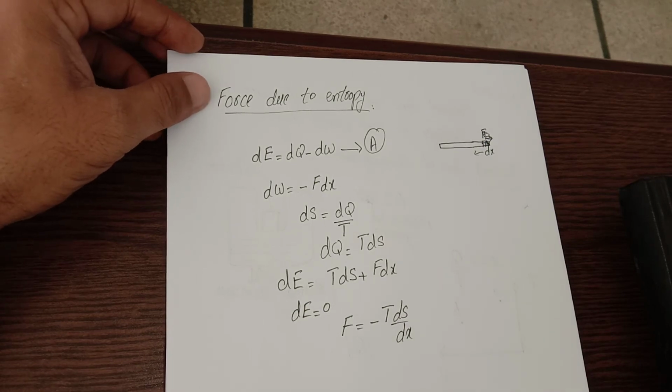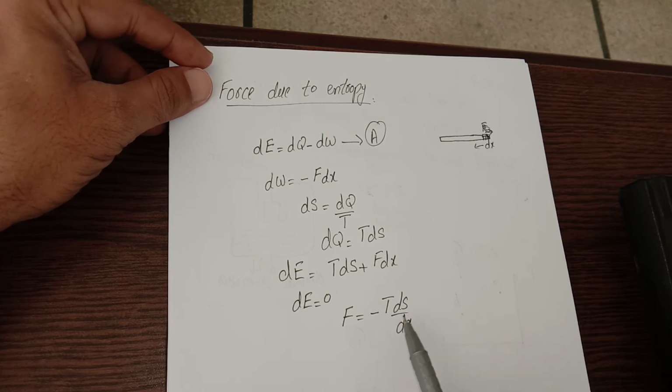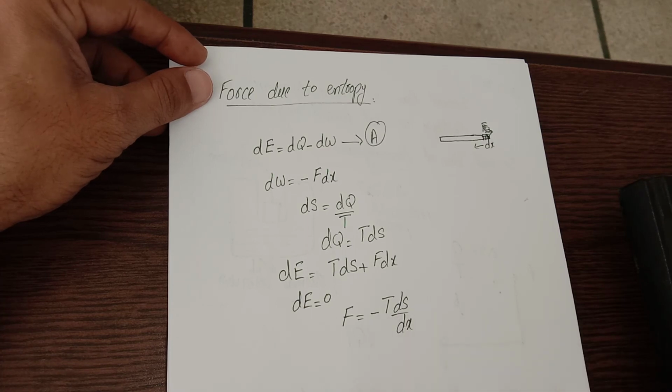You might have seen this in your life. Whenever you stretch a rubber, there is a force in your hand, and this force is due to change in entropy of that rubber.